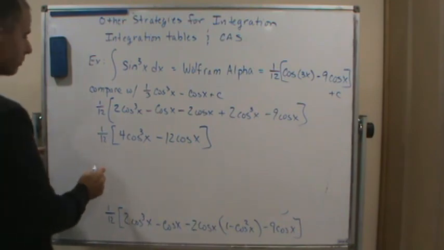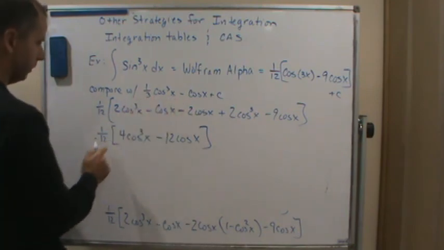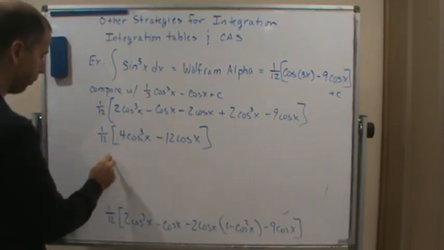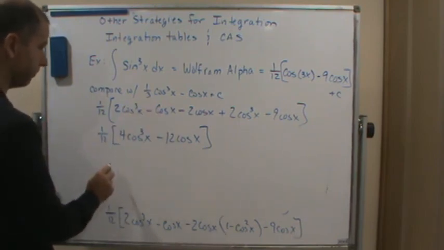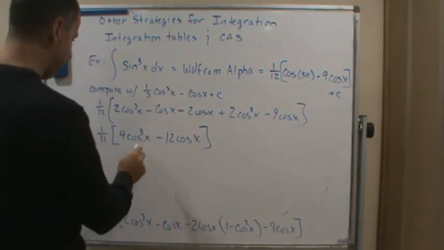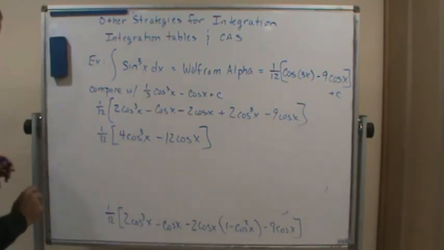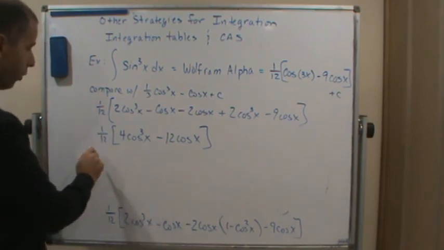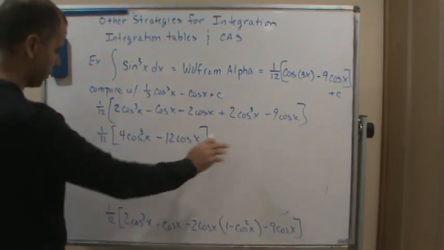Okay, and so here we go. This is the end. We're just about there. So now all I have to do is factor out a 4, and I've got my 1/3. Or in other words, I can distribute the 1/12.